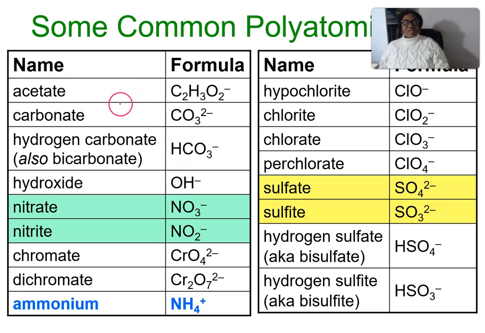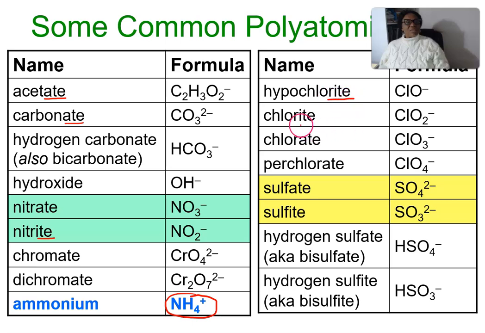But what I want to highlight here is that almost all of this table, there is only one polyatomic cation. That's one thing you have to know. And if you look at this table of common polyatomic ions, their names end either with ATE or with ITE.